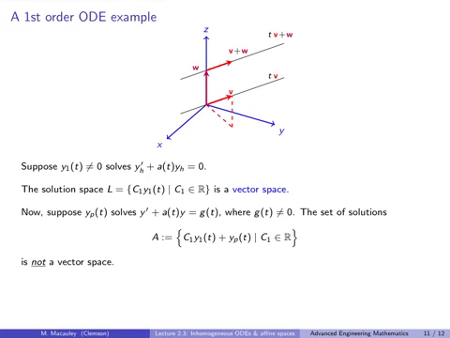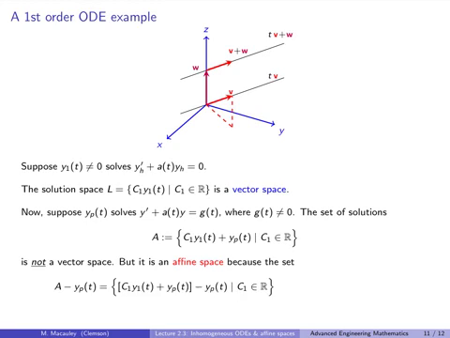contain the origin. But it is an affine space, because if you take the set A and you subtract yp from it, we did this a few slides ago, you get, this is the general solution to the inhomogeneous equation, and you subtract off yp, then the yp's cancel, and you get the set of all C1 y1, which is the original line or subspace L, the original set of solutions to the homogeneous equation, and that is a vector space.